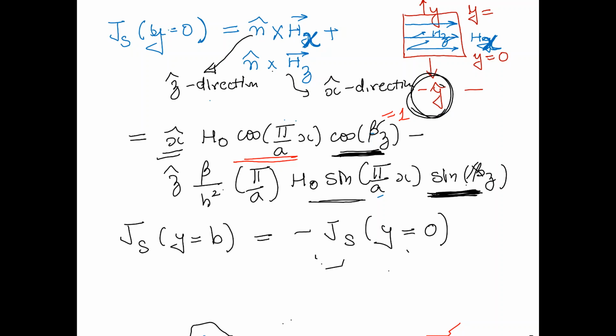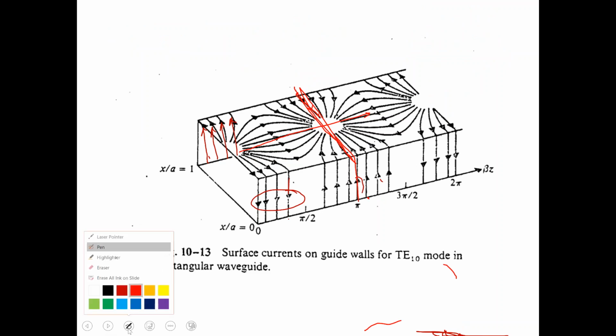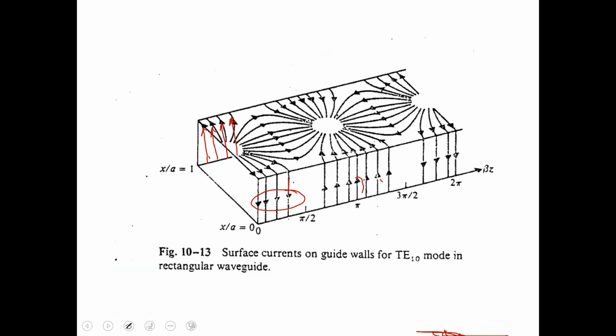And if I go to another place, let's say in this plane over here, my sine beta z is 1, cos beta z is 0 at that place.